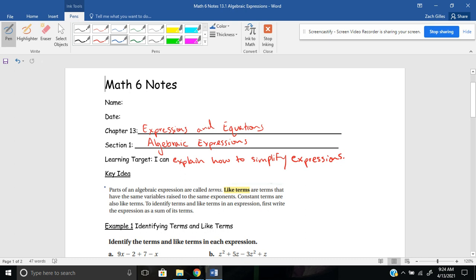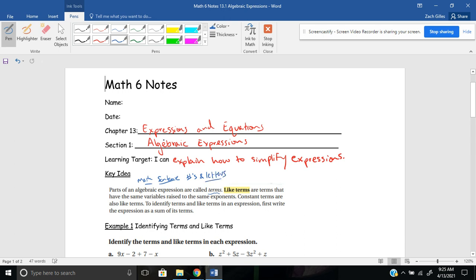For our key idea today, it says parts of an algebraic expression are called terms. So another way that I like to think of an algebraic expression is a math sentence. And sometimes math sentences have numbers and letters.